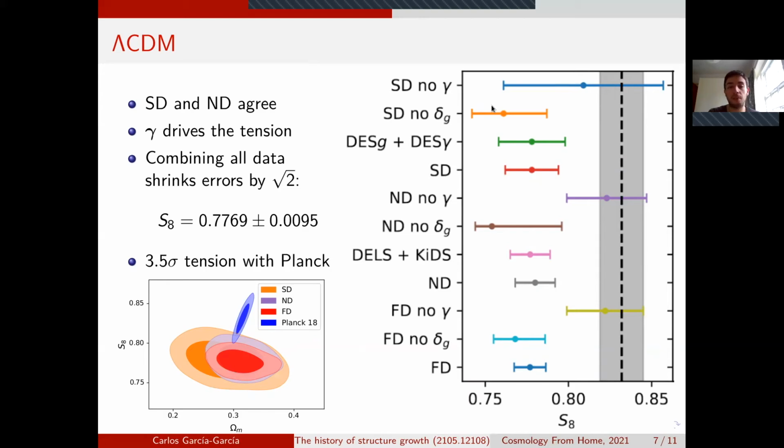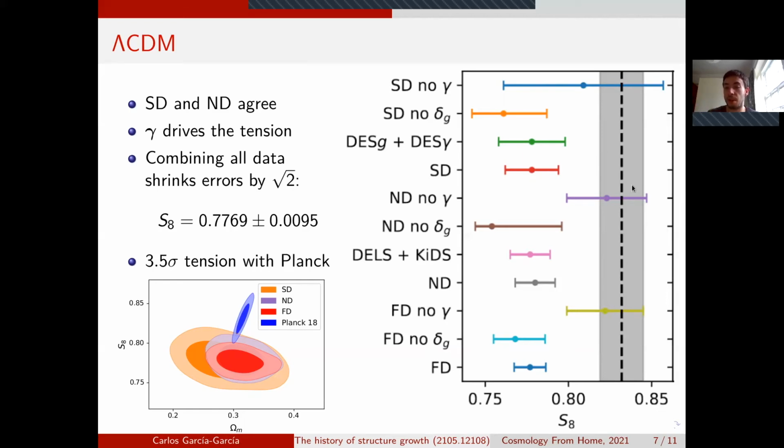On the right, furthermore, you can check that what is driving the tension is actually shear. Here, I'm plotting on the vertical axis all the different combinations that we ran in our paper and the results for S8. You can see that once you remove shear, these 3 points, everything agrees with Planck.